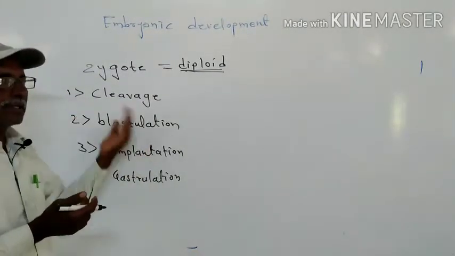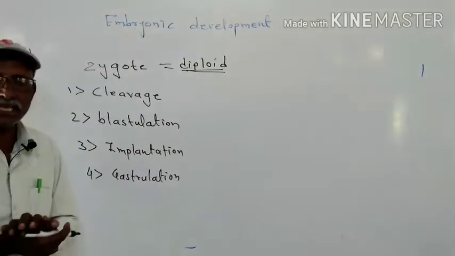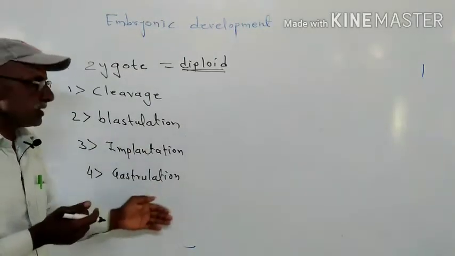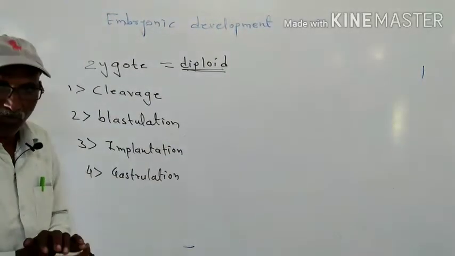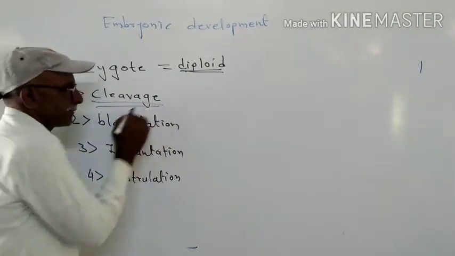After implantation the next step is gastrulation, and at the end of gastrulation 3 germinal layers are formed. So we will see now step by step.